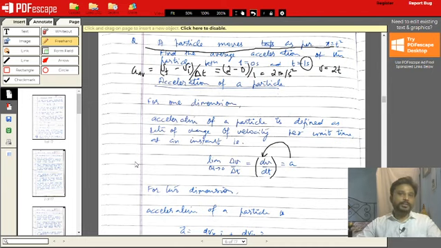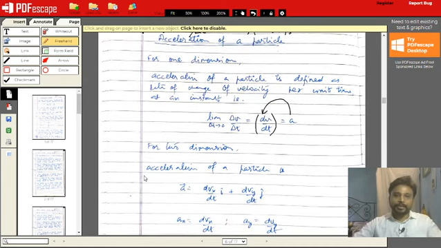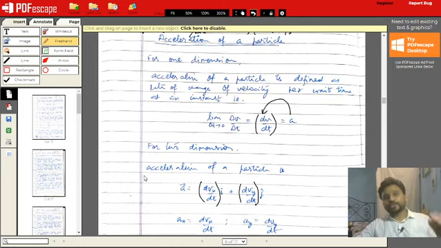And for two dimensions, the same story can be repeated: the acceleration of the particle is the differentiation of the velocity in the x direction with respect to time, i cap, plus the differentiation of the velocity in the y direction with respect to time, j cap. So this becomes the complete acceleration vector of the particle.